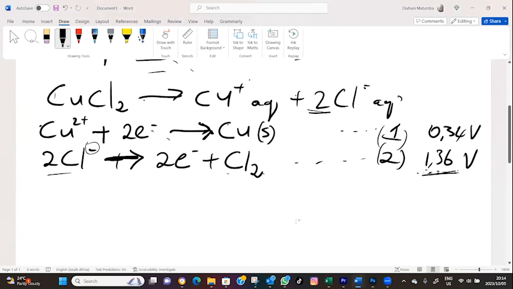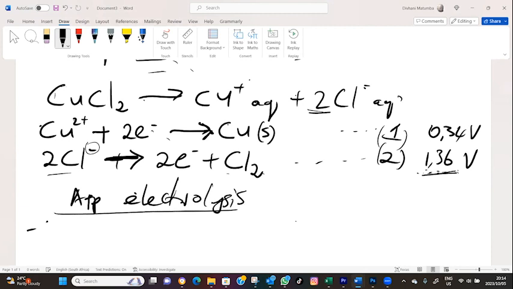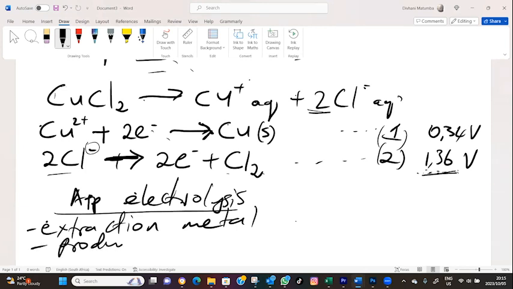All right. Now, what are the applications of electrolysis? Okay, the first one is extraction of metal. There we were able to extract copper, and also we were able to extract a valuable gas. Also in the production of gases, all right.